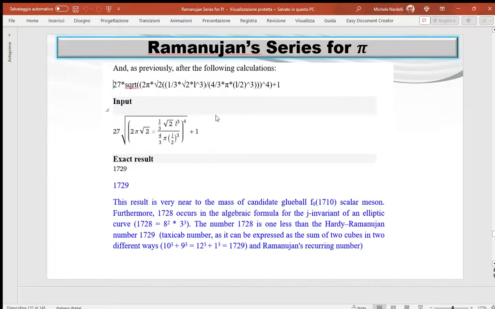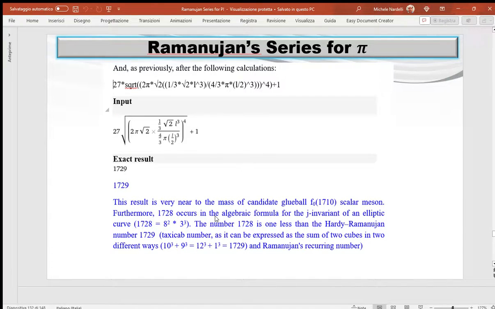And as previously, after the following calculation, performing the square root of the expression that gives 4096, multiplying by 27 and adding the unity, we obtain 1729.